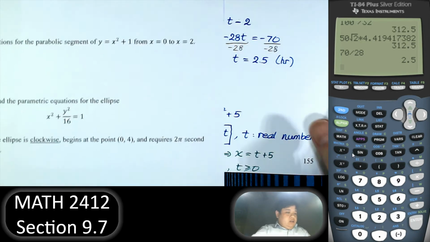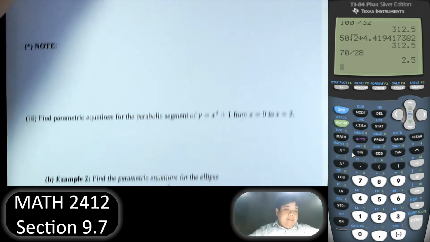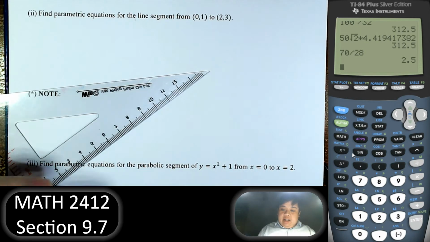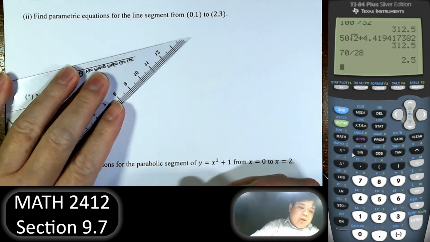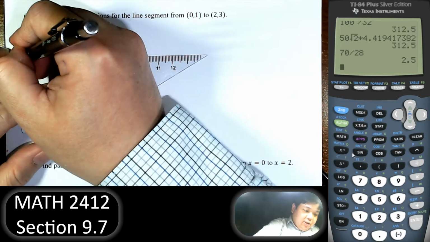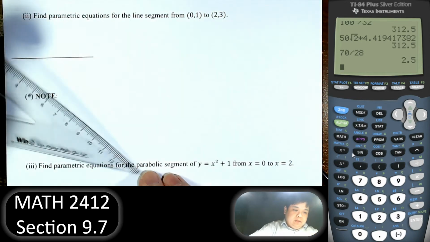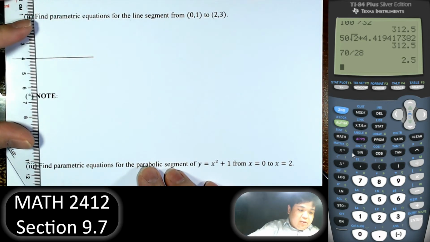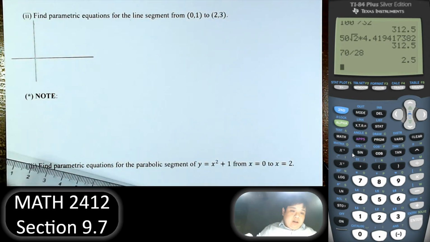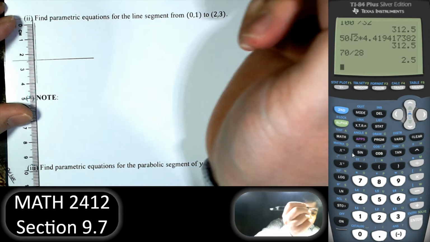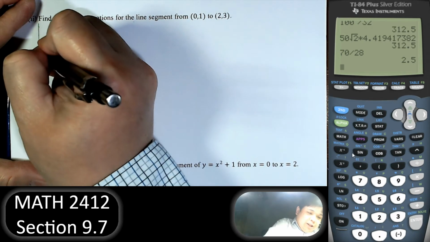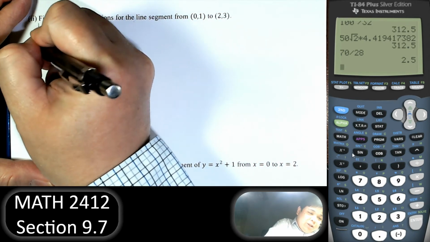Right. So next, find the parametric equation for the line segment from (0, 1) to (2, 3). So if we just try to plot this, okay, 1, 2 and 3.